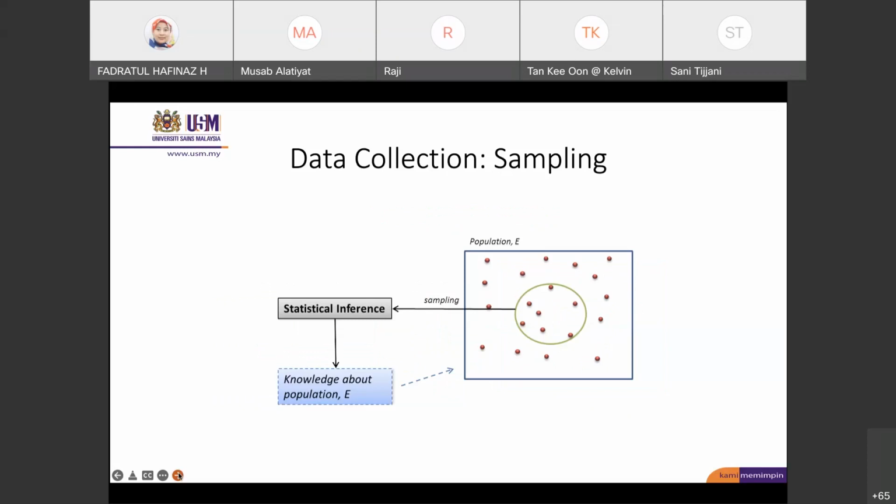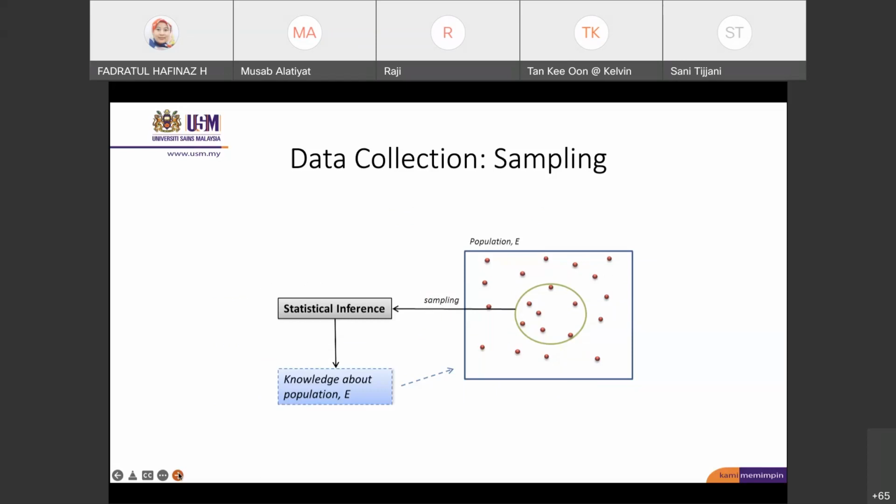In real life, it is very time consuming or very expensive, and in many cases impossible, to collect a large amount of data.